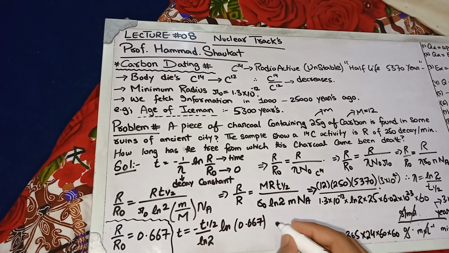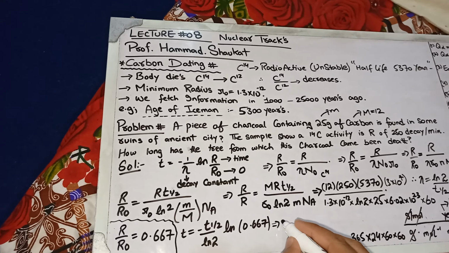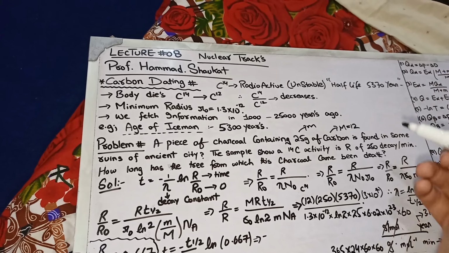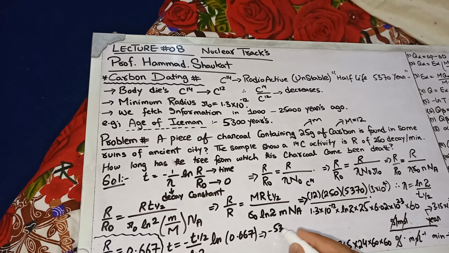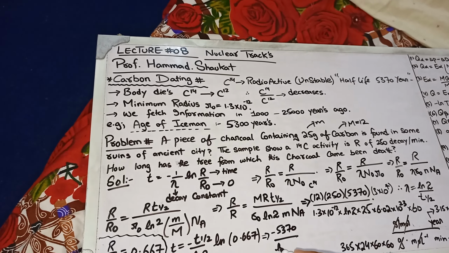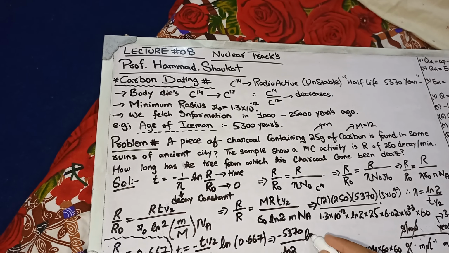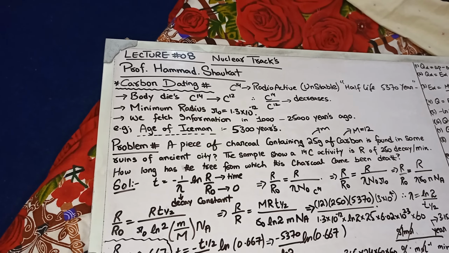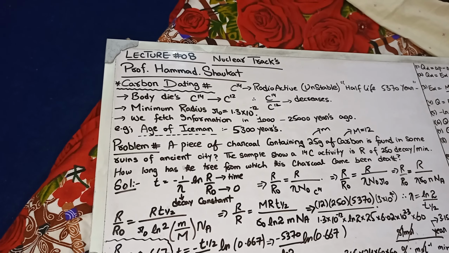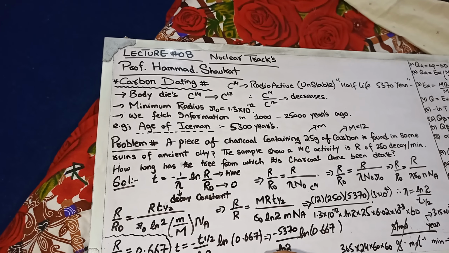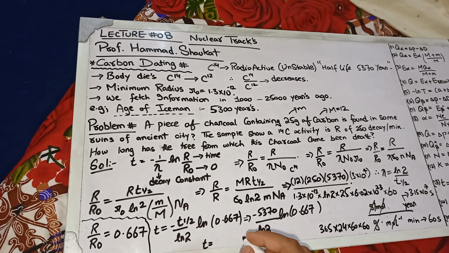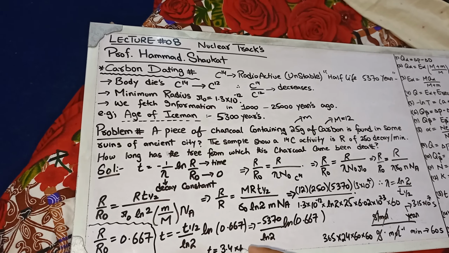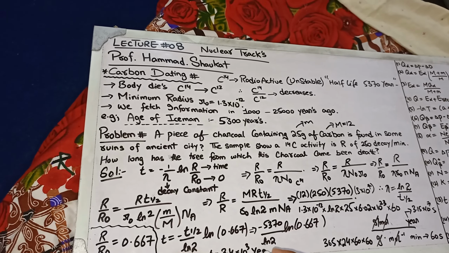Putting the values, the half-life for carbon 14 is 5370, so 5370 divided by ln of 2, times ln of 0.667. Your final answer for the time being dead for this charcoal is basically 3.4 multiplied by 10 raised to power 3 years.